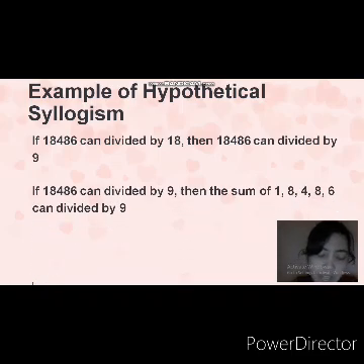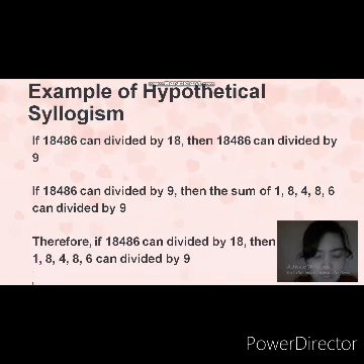If 18,486 can be divided by 9, then the sum of its digits can be divided by 9. Therefore, if 18,486 can be divided by 18, then the sum of its digits can be divided by 9.